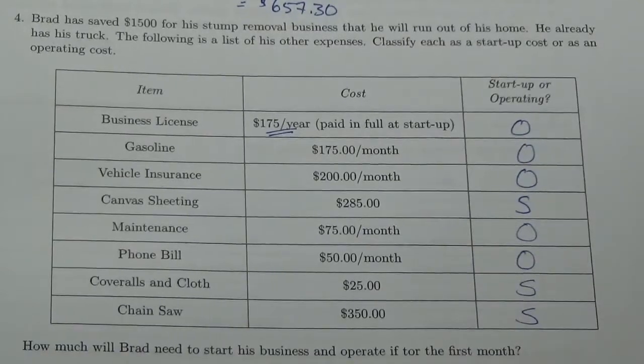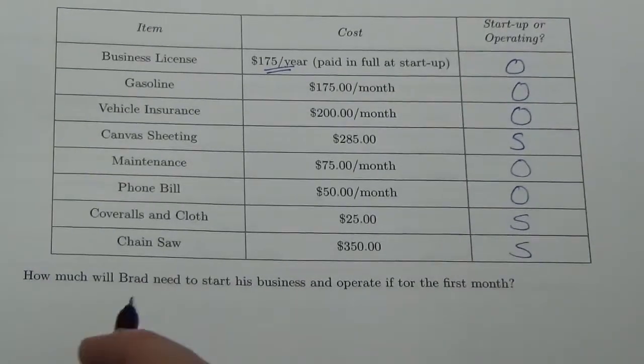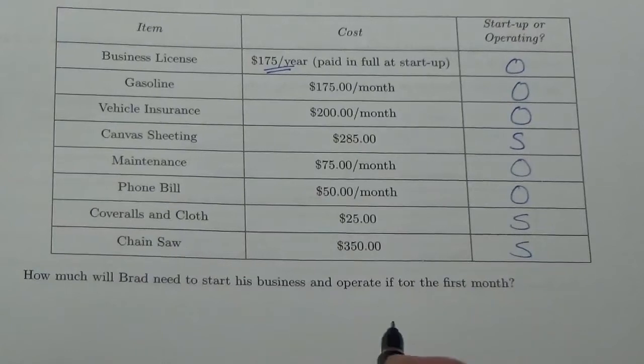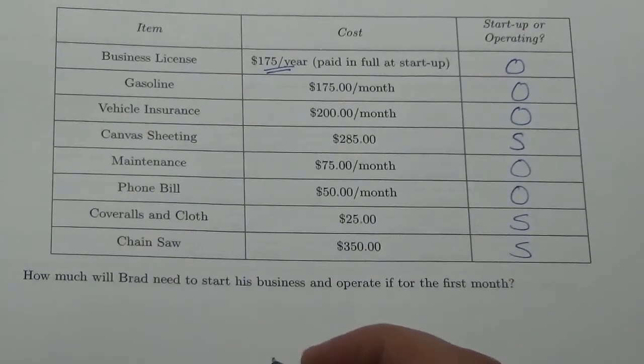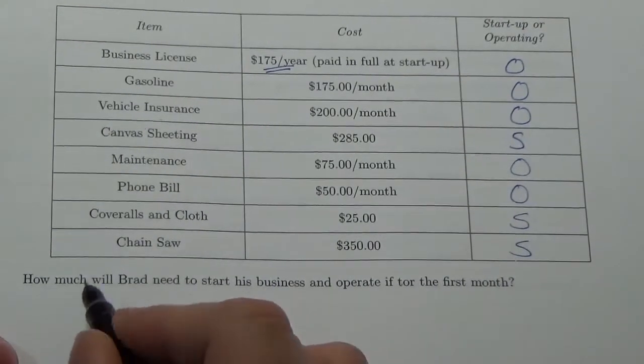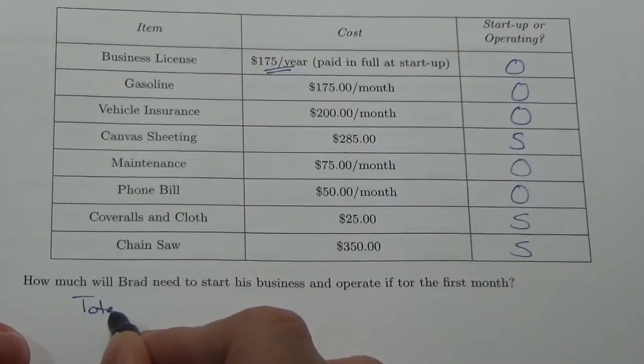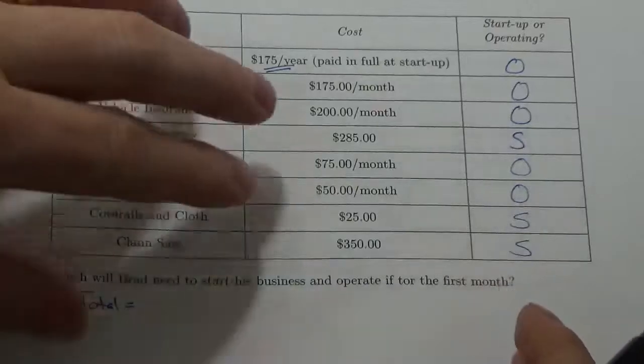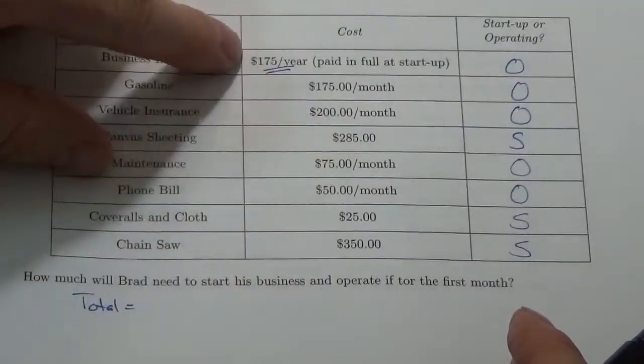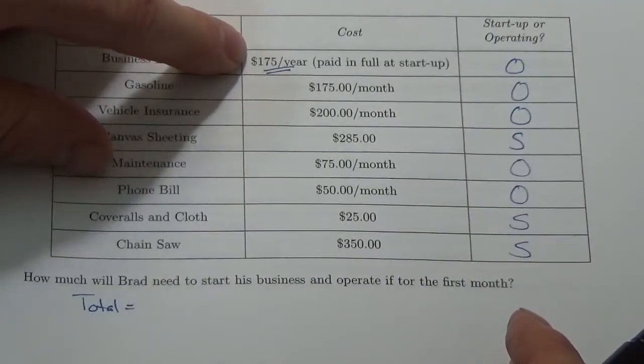That's a startup. Now, the last part here says, how much will Brad need to start his business to operate it for the first month? Okay, well, our total is going to be, now notice that a lot of these are per month, but the first one isn't. It's $175 per year.